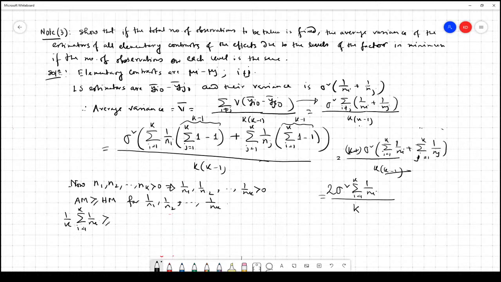So this is greater than equal to k over sum over i from 1 to k of ni.